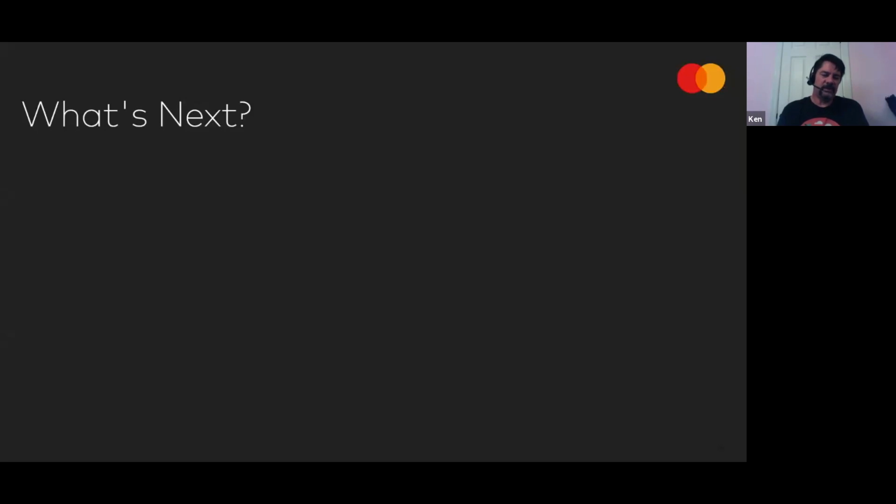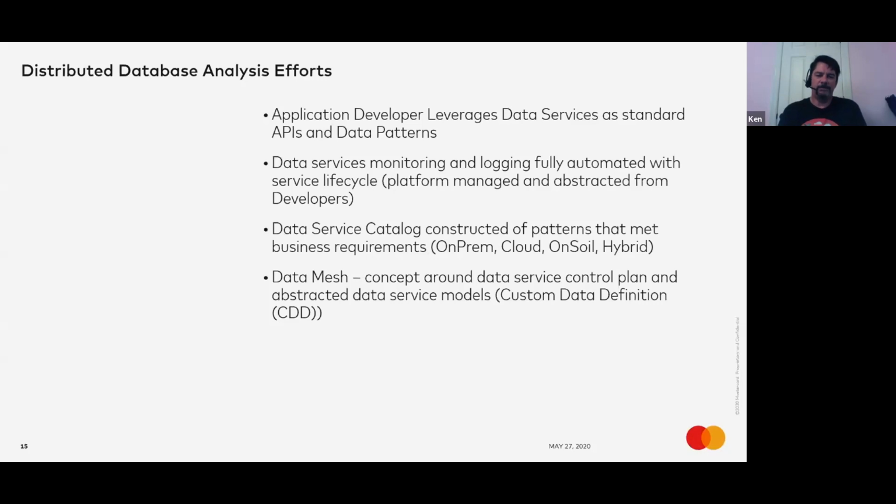So in terms of distributed databases and what's next, there are four main things I want to leave as takeaways. The first one is that part of what the industry is doing, and what Mastercard is very much involved in doing, is application developers leveraging the data service as a standard API and standard data patterns.